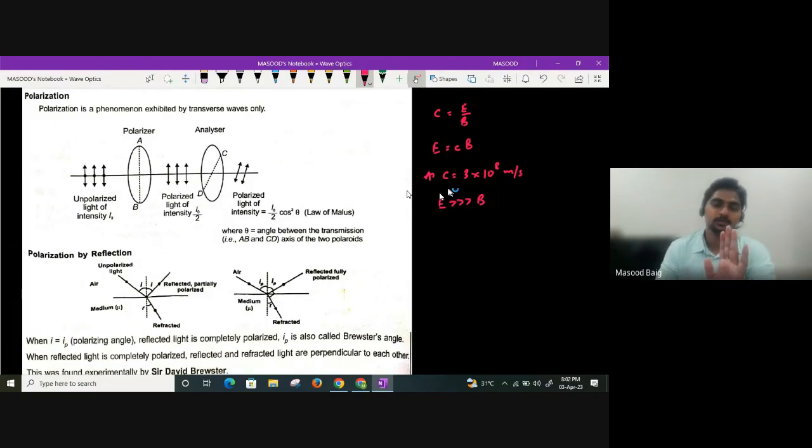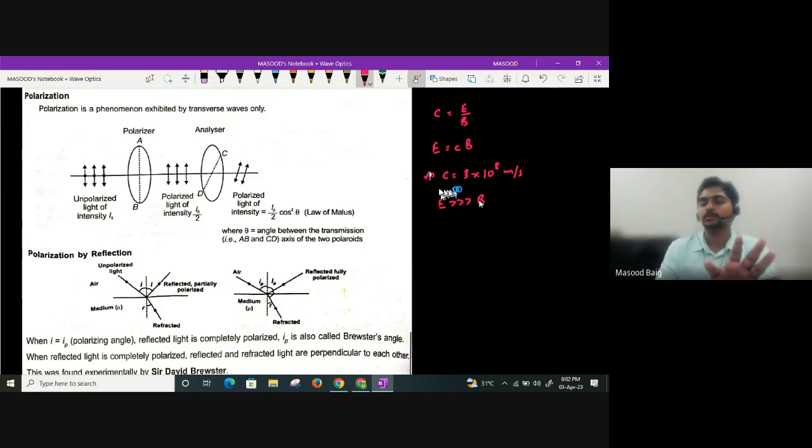Understood, everyone? Basically, light is an electromagnetic wave. It should consist of oscillations of both electric field and magnetic field. But the strength of the electric field is 3 into 10 power 8 times the strength of the magnetic field. So I'll imagine light to consist of oscillations of only electric field. So light will contain electric field vector randomly directed in all directions.